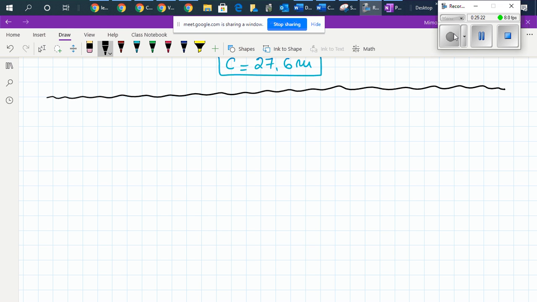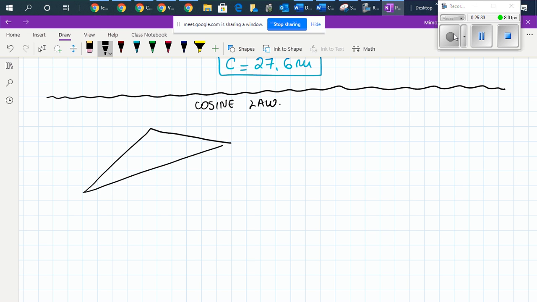The next law that we will use in trigonometry is known as the cosine law. Cosine law, again, is used when we have a non-right angle triangle, and let's say it is A, B, C. And even this formula is in your formula sheet.